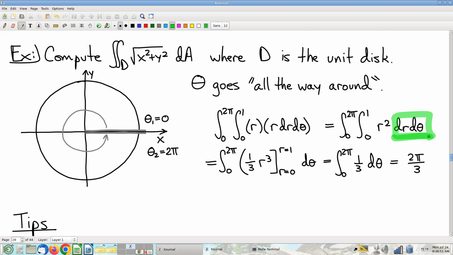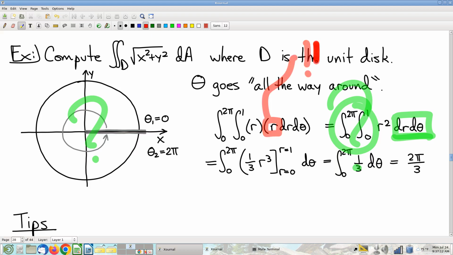There is a tendency for students to, step one, write down their differentials as part of setting up. Now I've got to figure out what my bounds are, and they're looking at pictures and thinking about slices and points and curves and equations, and there's a lot that goes into figuring out the bounds. When you get all that done, it's tempting to just proceed, and as such, to accidentally forget to insert that stretching factor.